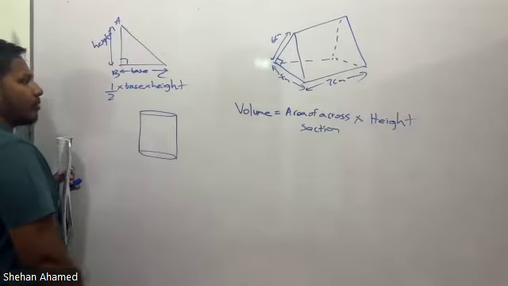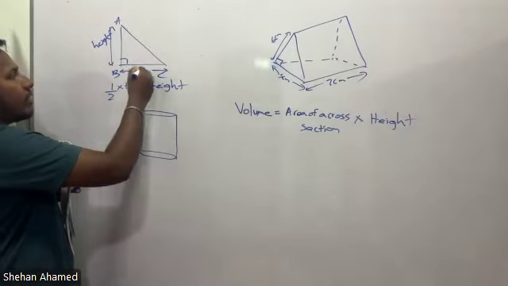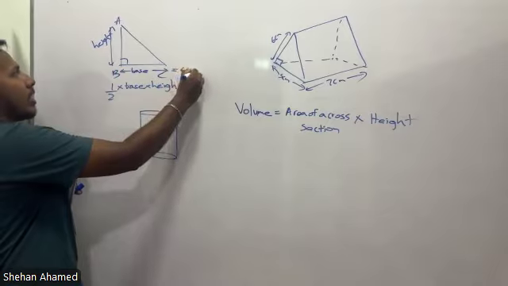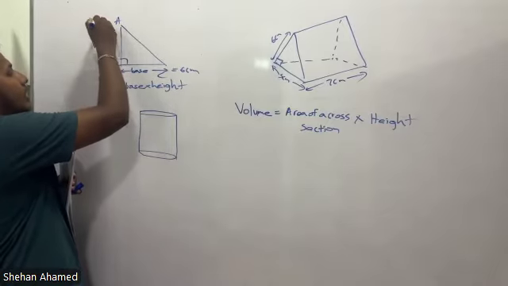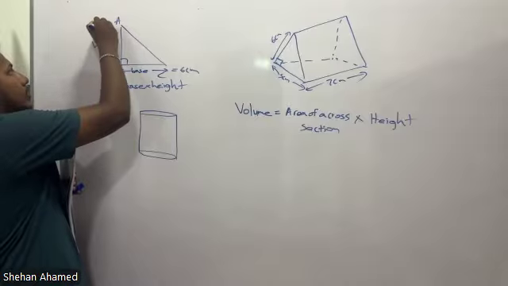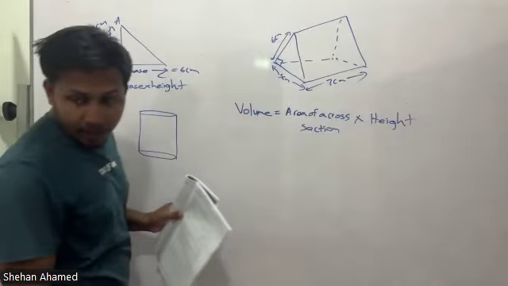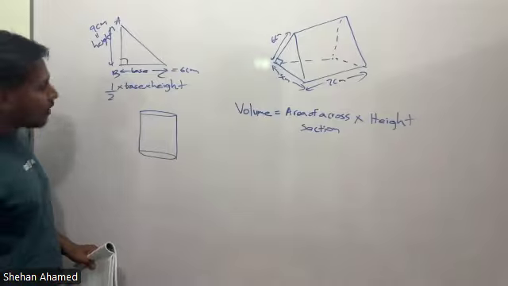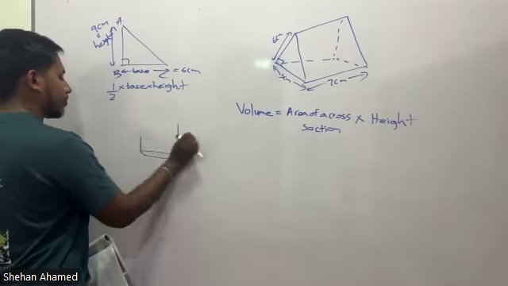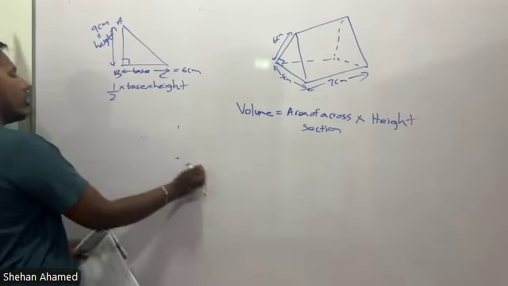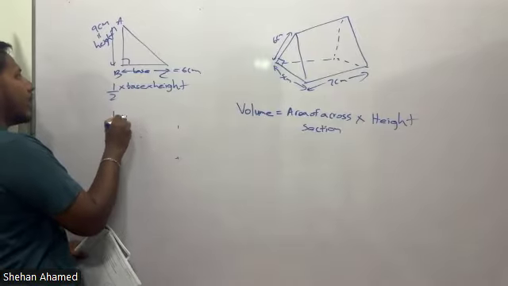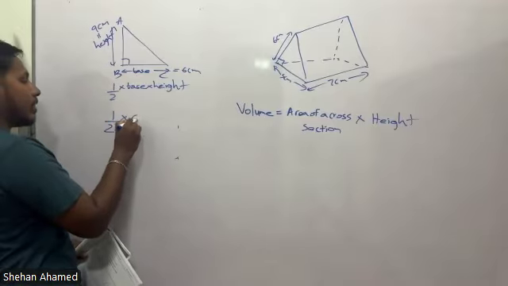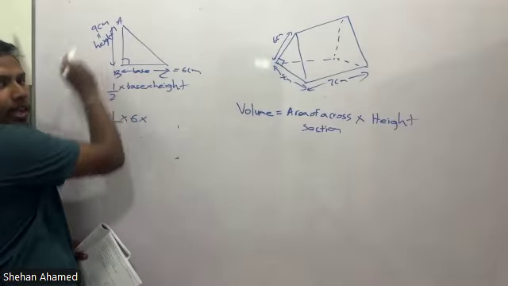Now I'll take a value for base as 6 centimeters, and for height I'll take it as 9 centimeters. If they are asking us to find the area of this figure, what you're gonna do, half, the base value is 6, and the height is 9 centimeters.